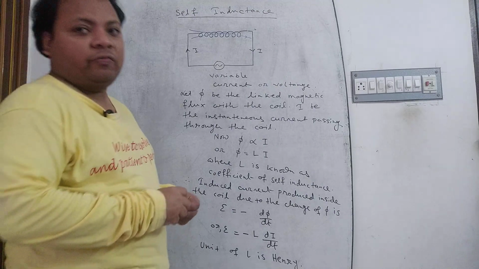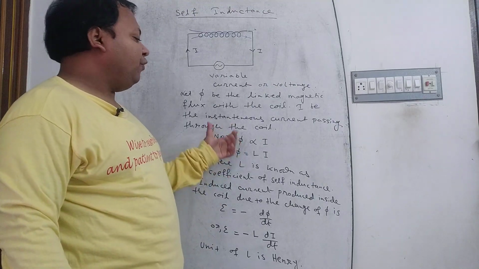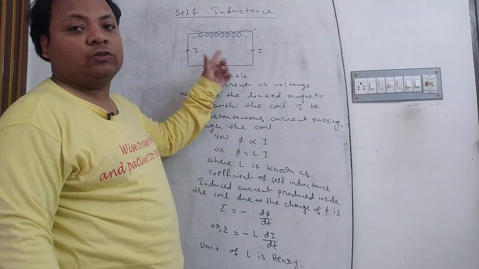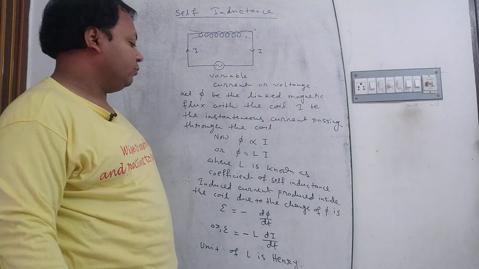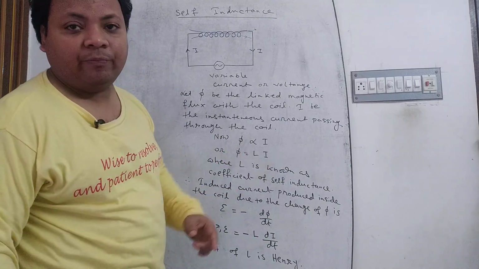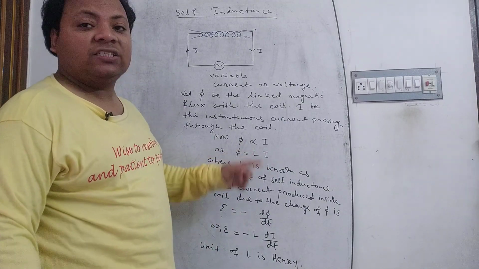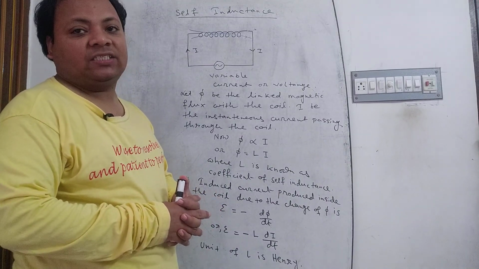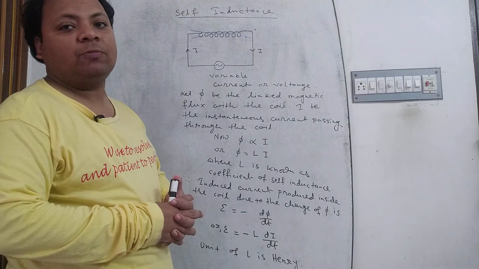Now you know that magnetic flux phi is directly proportional to the current I passing through the coil. Therefore, we can write phi is equal to L into I. Here, L stands for the coefficient of self-inductance.